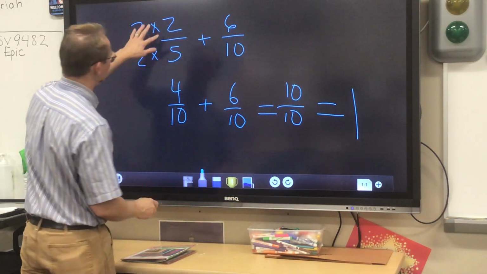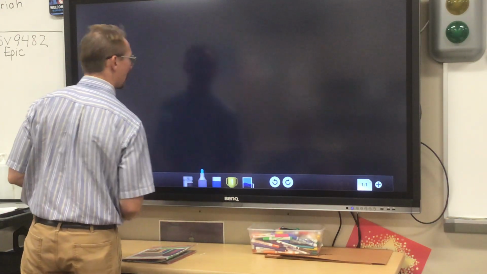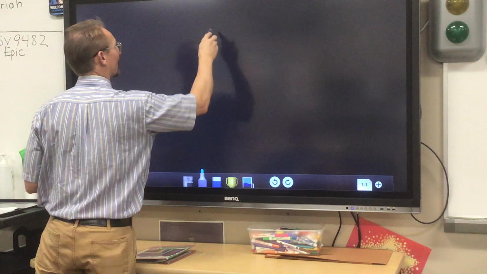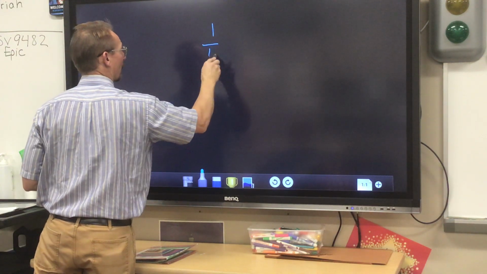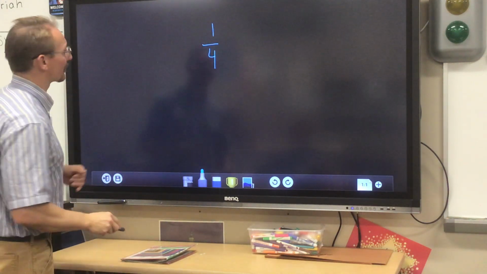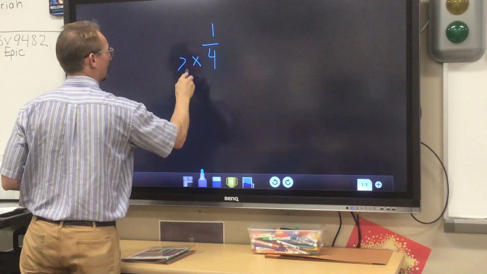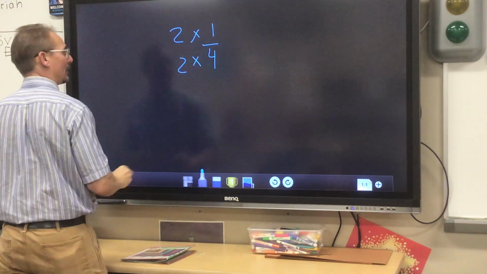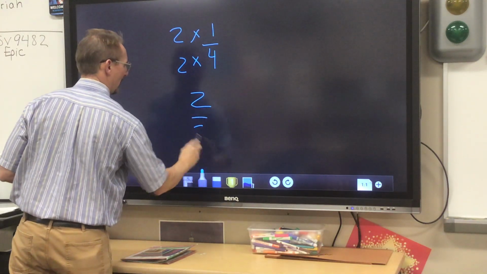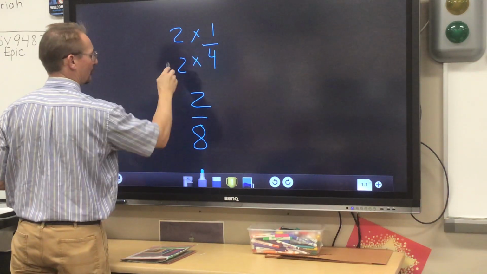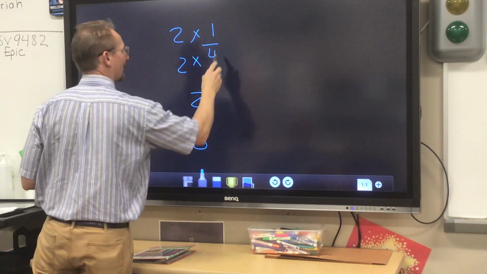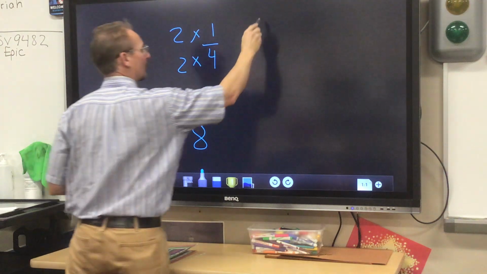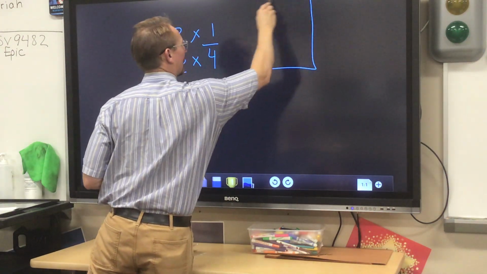Let's take a look at what I was saying about changing a fraction. Let's say I've got 1/4, and I decide I'm going to times it by 2, which would be 2/8. 2 times 1 is 2, 2 times 4 is 8. So my 1/4 would look like this. Here's my candy bar.